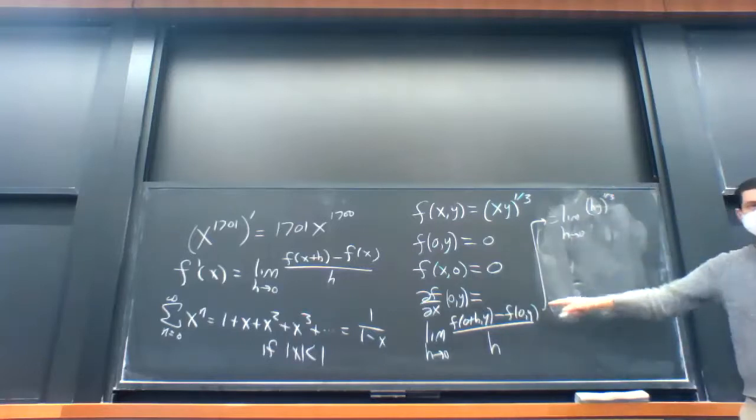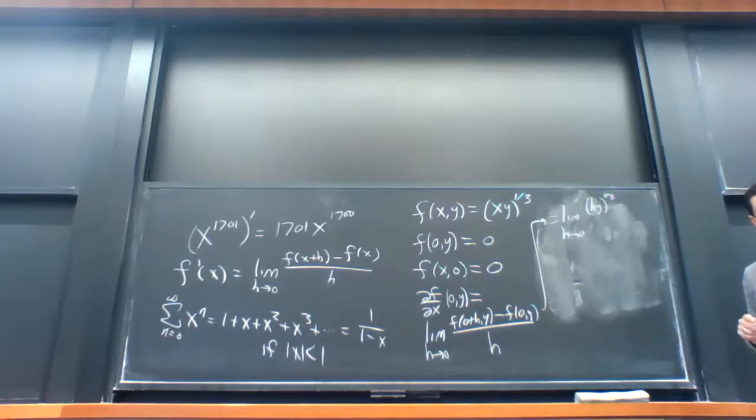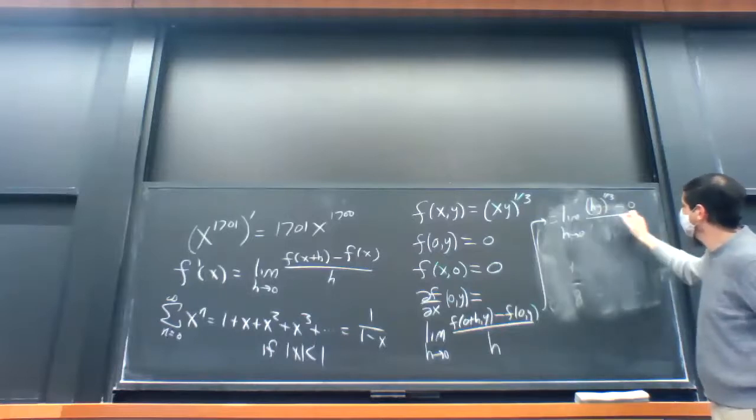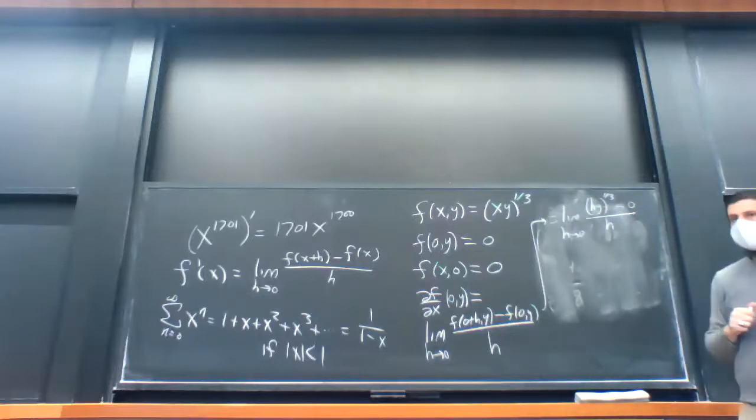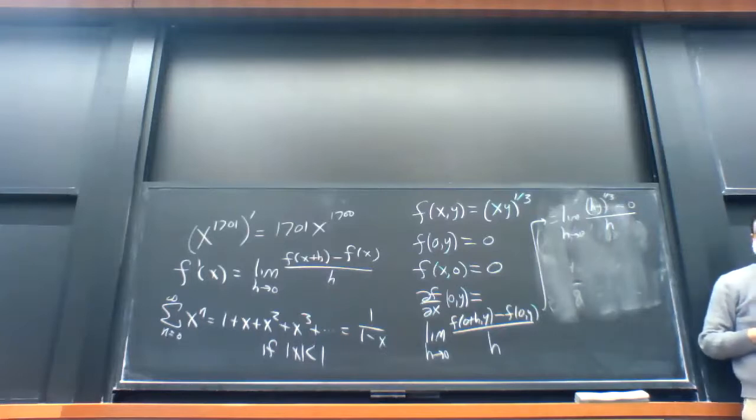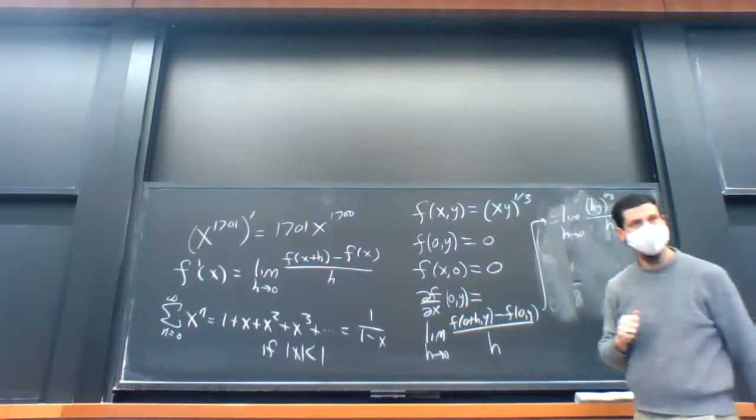What is f of 0y? Zero. And I divide by h. H is very, very small. Which is larger, h or h to the 1/3? H to the 1/3.